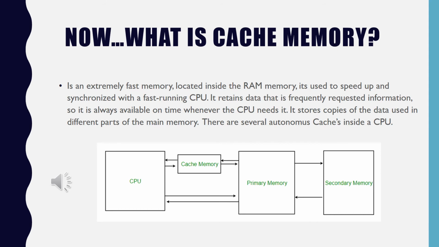Information such as data and instructions that are always needed by the CPU. Without the cache memory, all this information would be spread across the different sources and locations of the main memory. The cache memory gathers all this information and speeds up this process and works synchronized with the CPU. Also, it's important to mention there are several cache memories in the CPU.